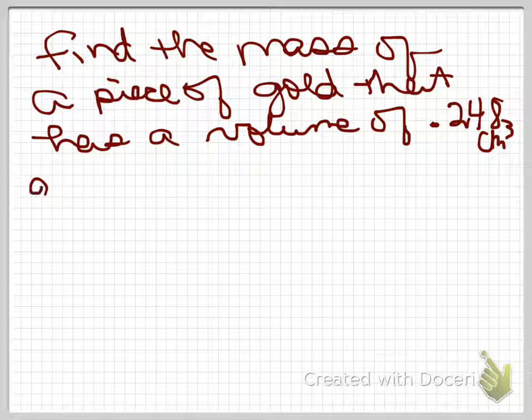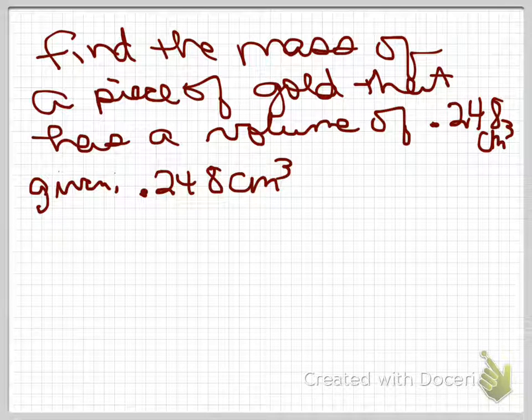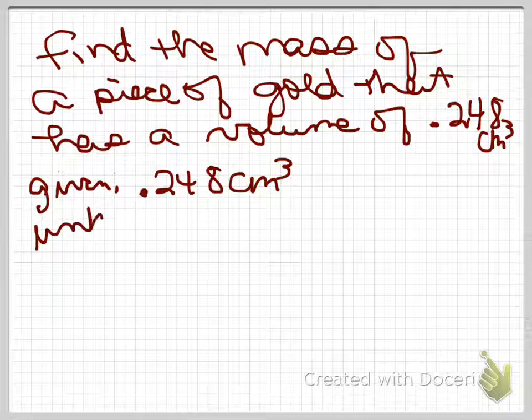Okay, and we're going to find the mass. So step 1 is to write our given. And our given is that we have 0.248 cubic centimeters. Our unknown is to find the mass. But what do we measure mass in? Grams.